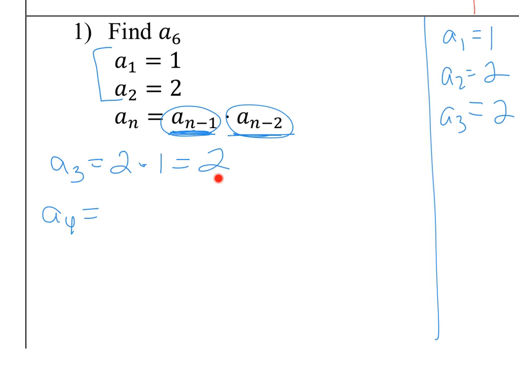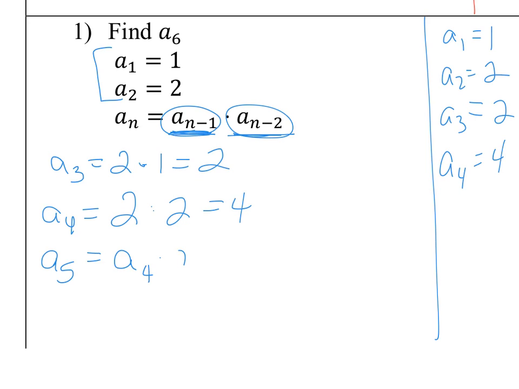So back 1 from 4 is 3, times 2 back, which is 2. So this is back 1, this is back 2. That's all that they're saying with those n minus 1 and n minus 2. So a sub 5, you're going to go back 1. Back 1 would be 4, and back 2 would be 3. So a sub 4 is 4, and a sub 3 is 2.